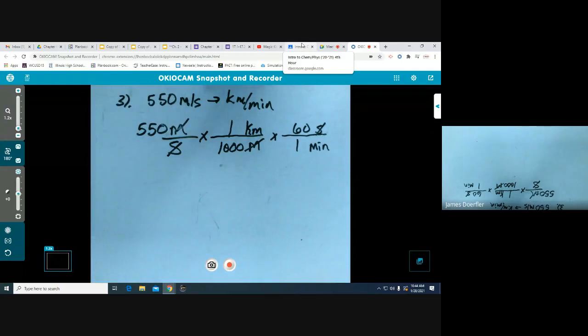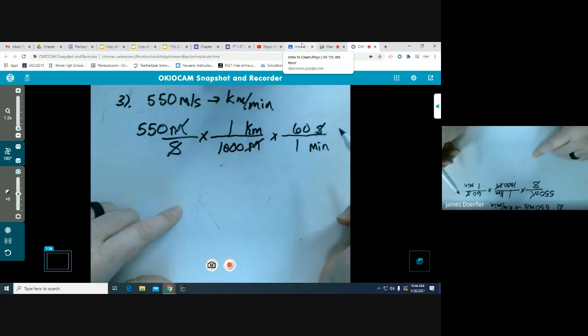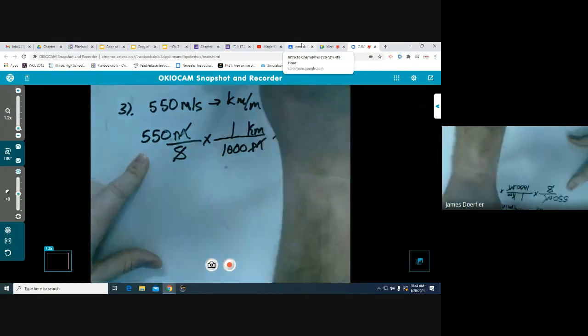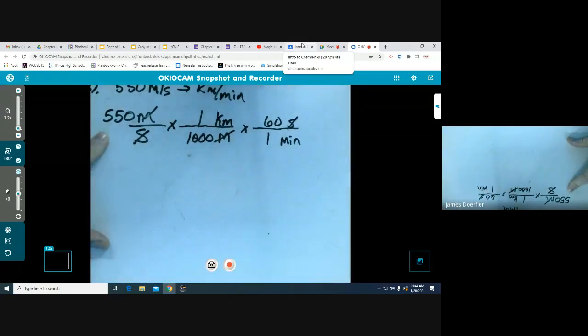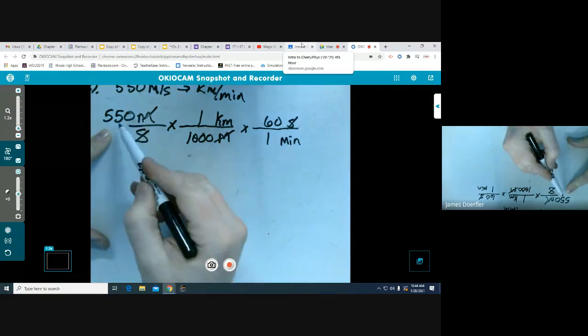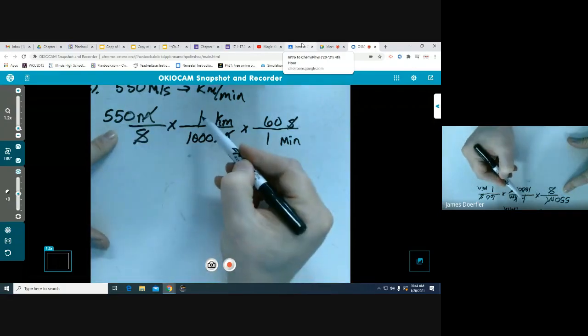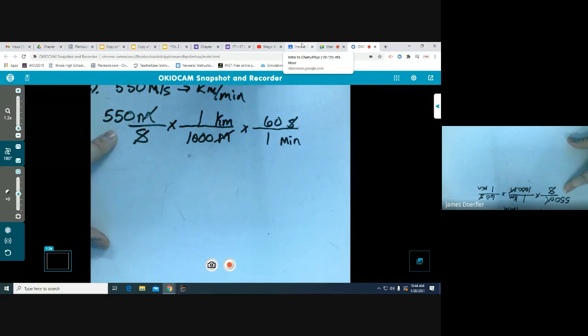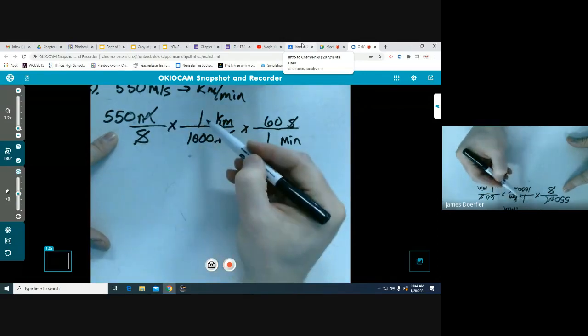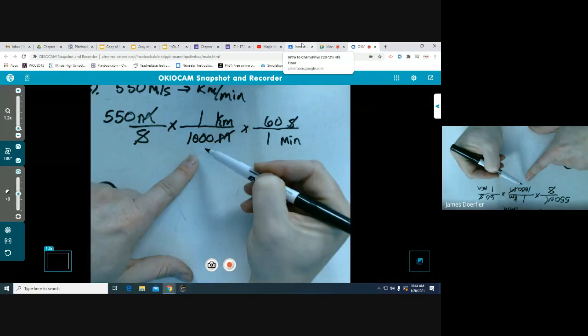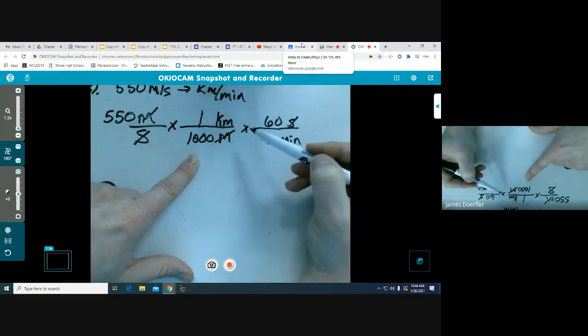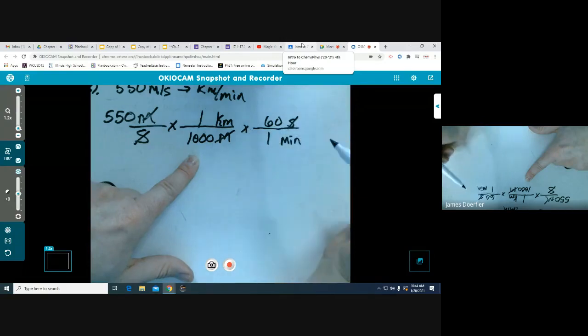So here's where you come in with your calculator extreme skills. We need to solve this one. So let's talk about the steps in your calculator. After you do a single step, I always encourage you to hit the equals button. Okay? So 550 times 1, you don't have to do that one in your calculator. I think you can do that in your head, right? So 550 times 1 divided by 1,000. Hit equals. Then you just simply hit multiply by 60.